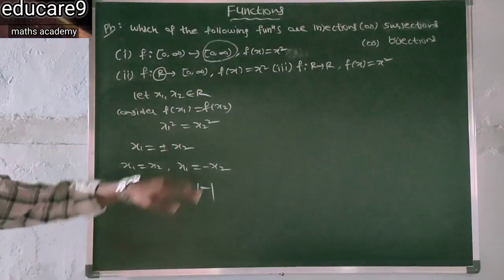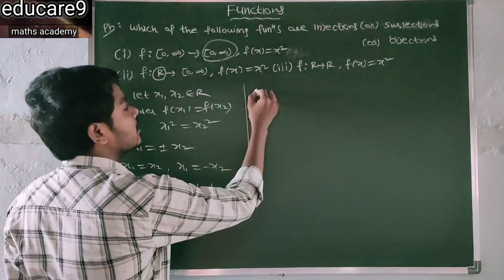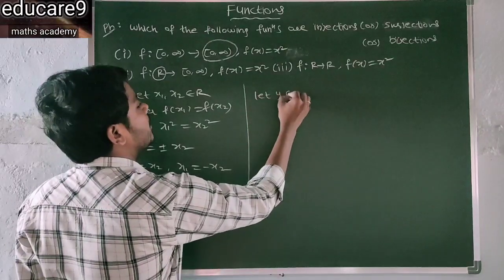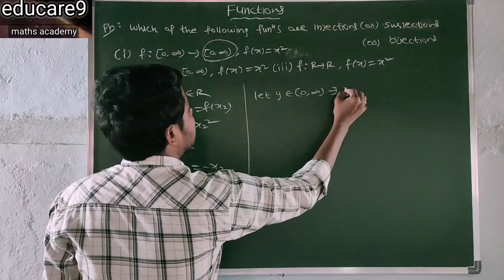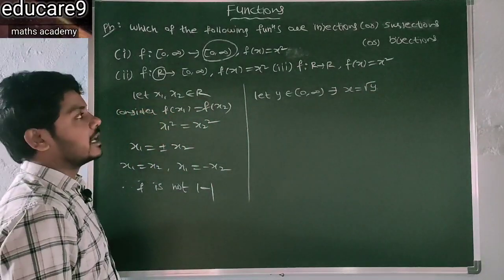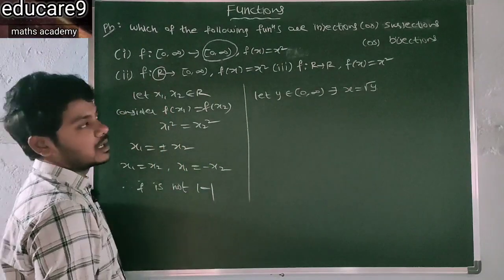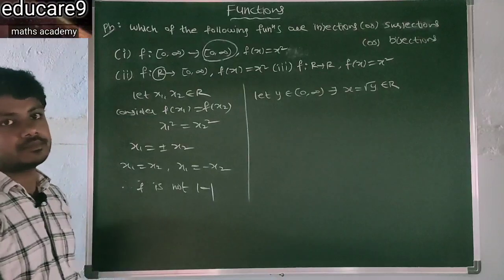So for onto function, let's take some element in the codomain. That is, let y belong to the closed interval 0 to infinity. So there exists an x value, that is root y, which belongs to the real numbers.